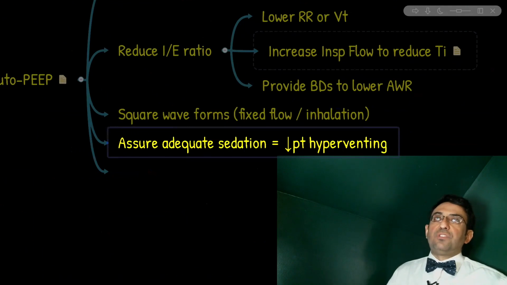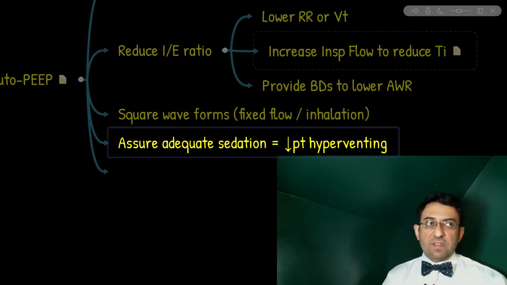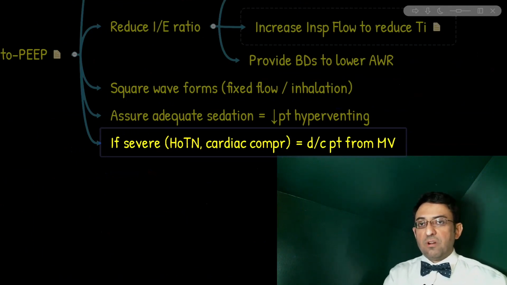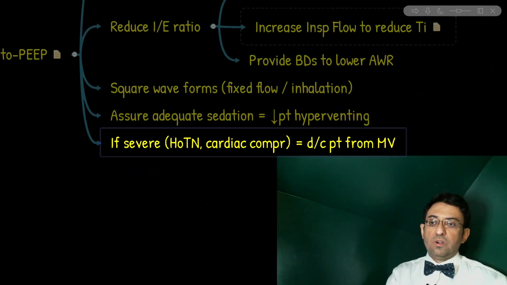You remember in one of our SIMV modes, both patient and ventilator contribute to the patient's respiratory cycles. However, if none of these strategies work, we need to disconnect the patient from the ventilator and allow the air to be completely exhaled. And this is specifically important if the patient's hemodynamic status is compromised by hypotension or shock.